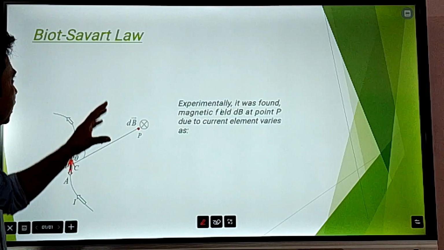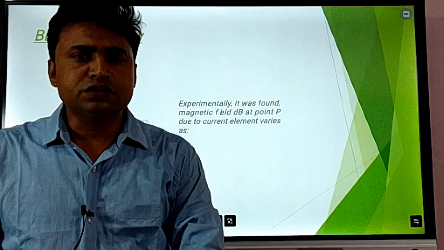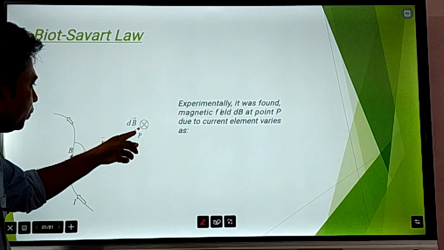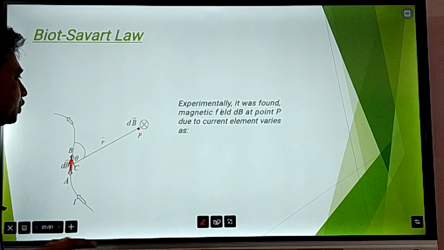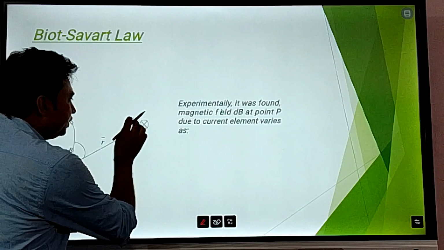Biot and Savart did many experiments, and on the basis of the experiments they found that the magnetic field at point P is directly proportional to the current. Here I have represented this magnetic field with dB. Why?